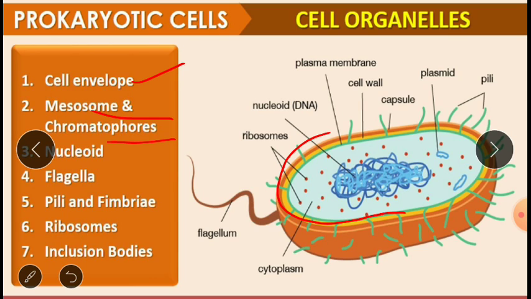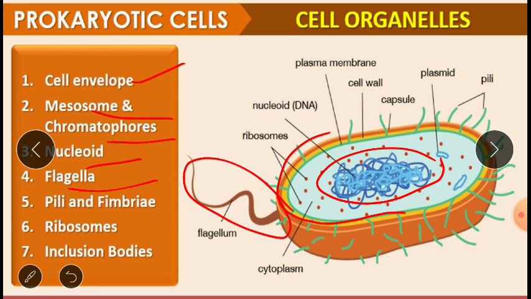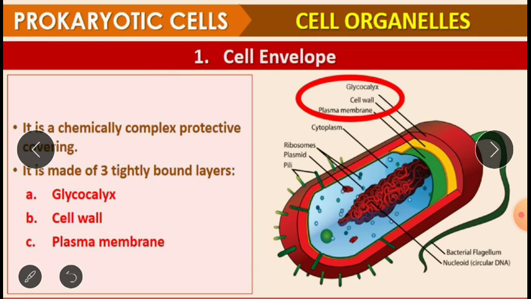Then it contains a nucleoid, the region which contains the DNA, the genetic material. Flagella help in locomotion. Pili and fimbriae are also present, helping in gathering of food and also movement. Ribosomes are associated with protein synthesis. And inclusion bodies help in food storage. So let us see each of the organelles in detail.